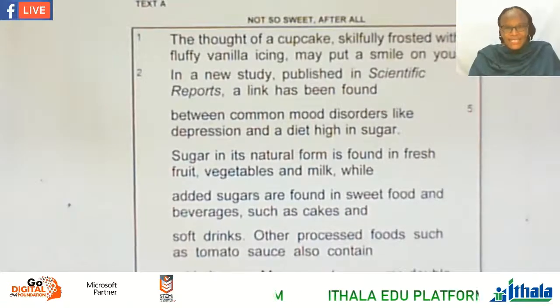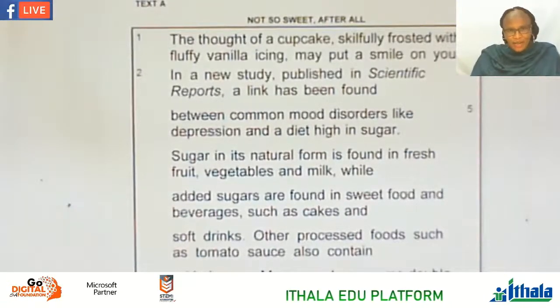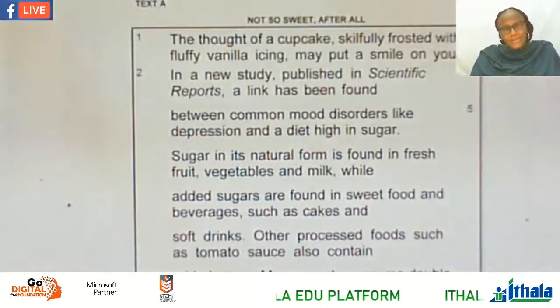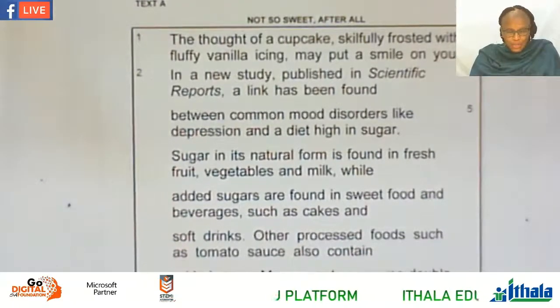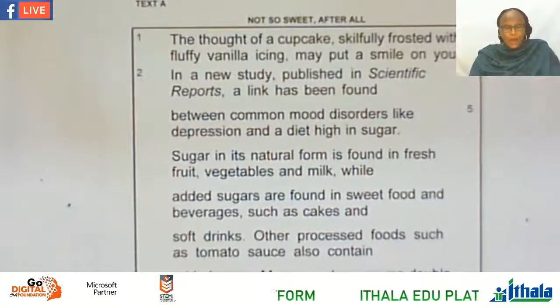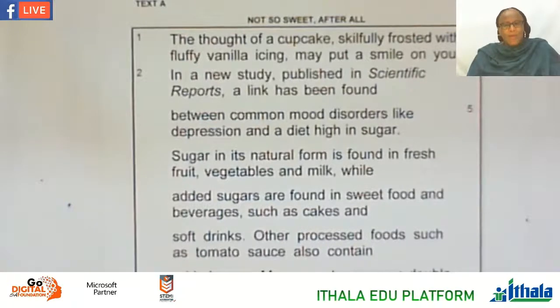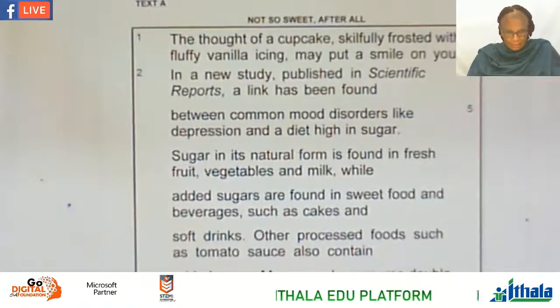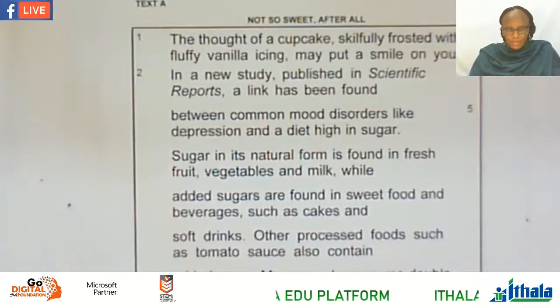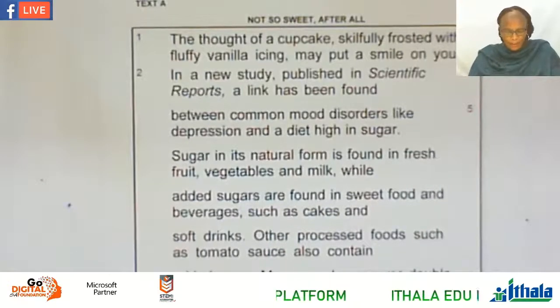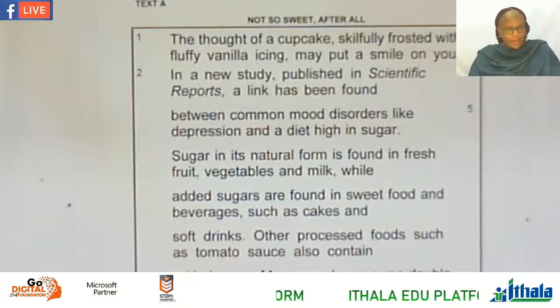Since English again, English first additional language, but for today we are going to be doing paper 1. Paper 1 wethu it is language, actually it's comprehension, summary and language.